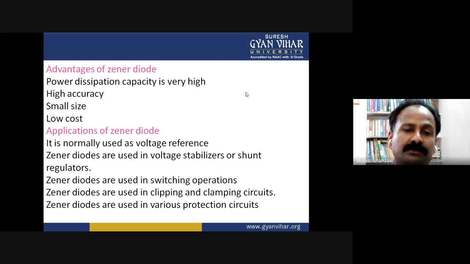It is normally used as a voltage reference. Zener diodes are used in voltage stabilizers or shunt regulators. They are used in switching operations, in clipping and clamping circuits, and in various protection circuits.